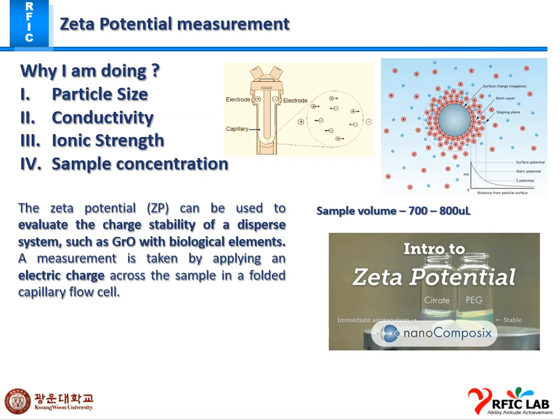So if we have four kinds of measurement in one machine, a zeta potential machine, then we evaluate the charge stability of a dispersed system, and the measurement is taken by applying an electrical charge across the sample in a folded capillary flow cell. As you have seen, the zeta potential machine basically checks the particle size, conductivity and ionic strength by using this small capillary cuvette tube.